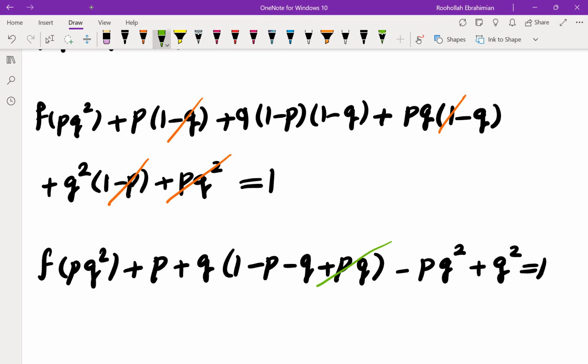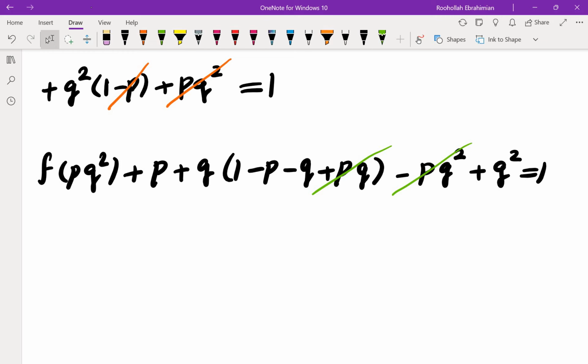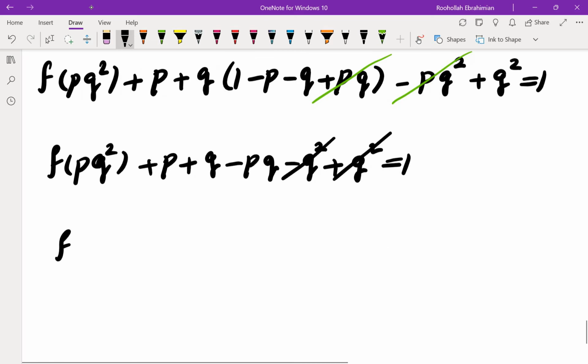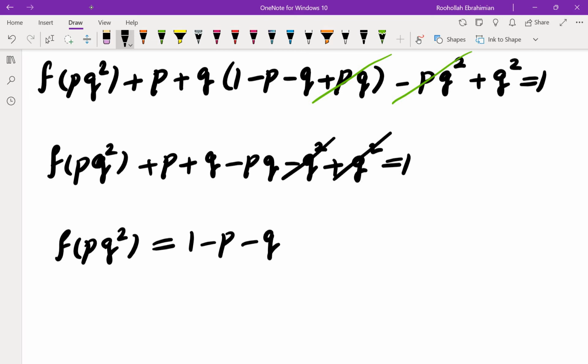Now, this gives you plus pq², that gives you minus pq². Let's plug that in to see what we get. We get plus p plus q minus pq minus q² plus q² is equal to 1. q² cancels, and we are left with f(pq²) = 1 - p - q + pq, which is in fact (1 - p)(1 - q).